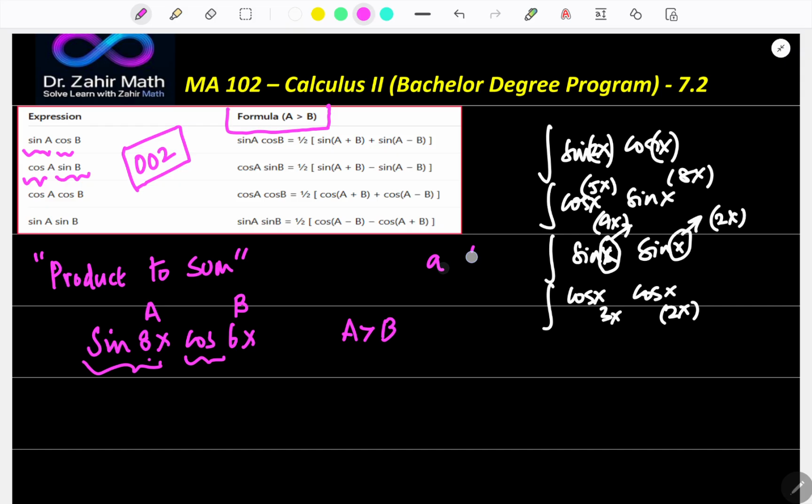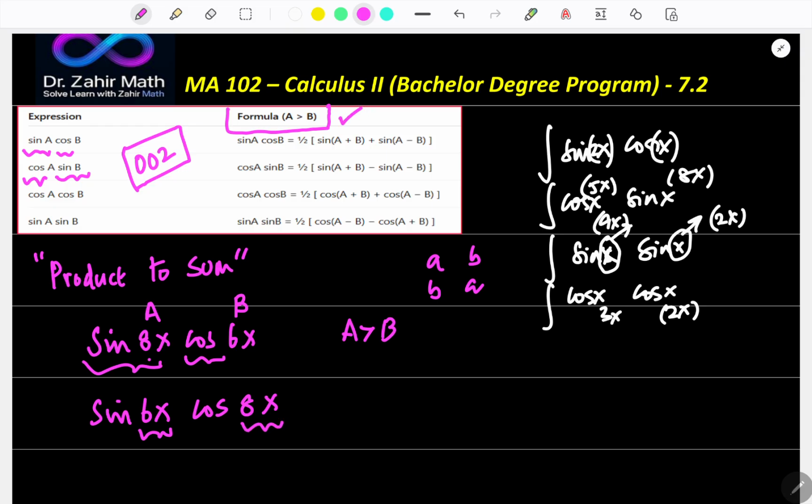A multiplied by B, or B multiplied by A, both are the same product. Suppose I give sine 6x and cosine 8x. You cannot call this angle A and you cannot call this angle B. Why? The rule is applied only for what?